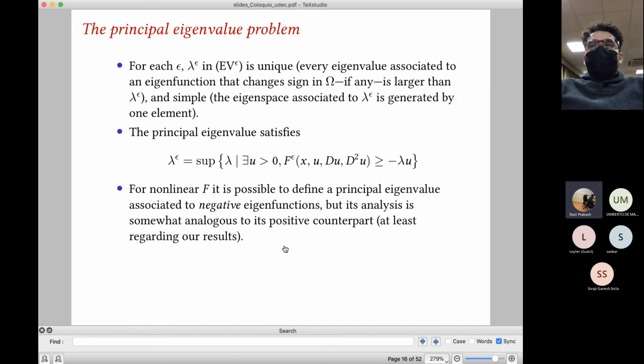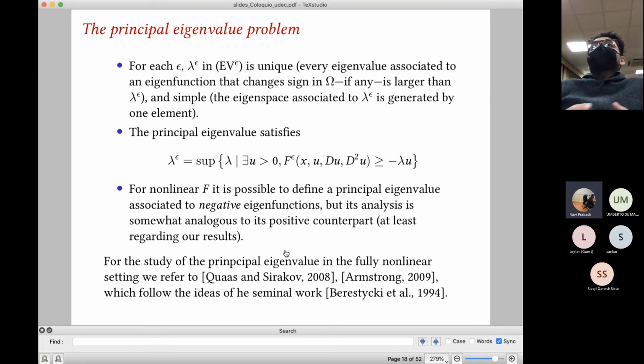And we mentioned that for the fully nonlinear F we have been discussing, it is also possible to define a dual eigenvalue characterized in the same way, but for negative eigenfunctions. These in general will be different, but the analysis is more or less similar, so we will focus only on the eigenvalue defined by the formula above.